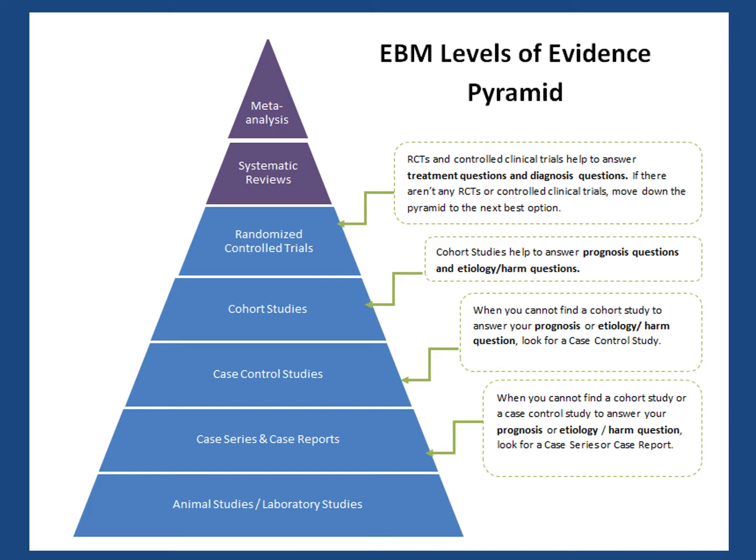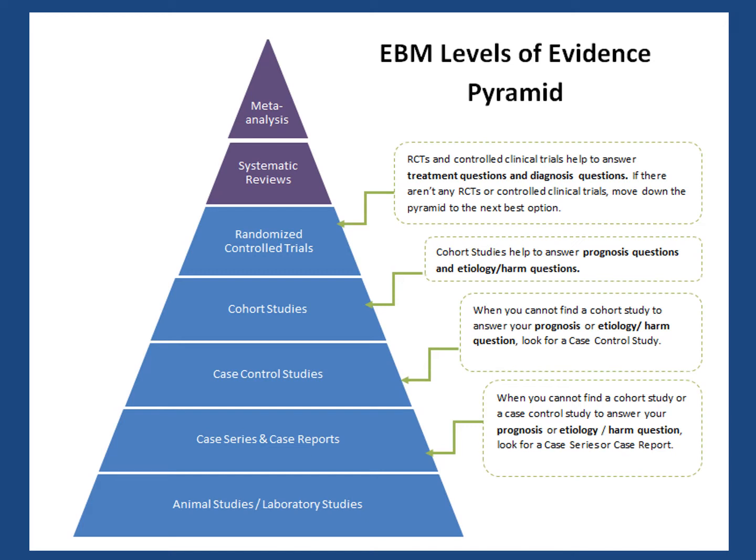A meta-analysis would be great because it would be statistically combining multiple studies. Let's say it was a therapy question. A meta-analysis would combine the results statistically for multiple randomized controlled trials. So that would provide stronger evidence for your topic because it's looking at more than one study. A systematic review is done when a meta-analysis cannot be done.